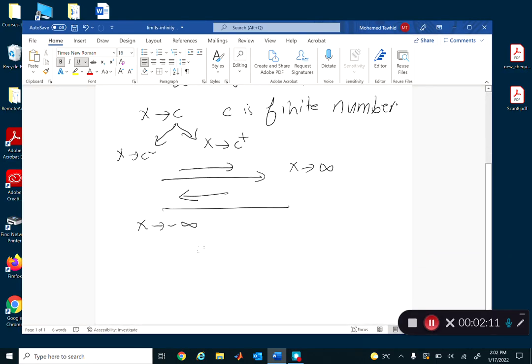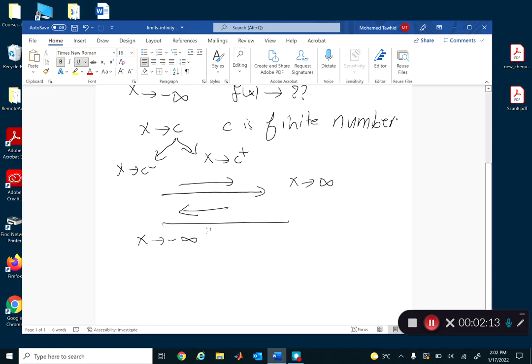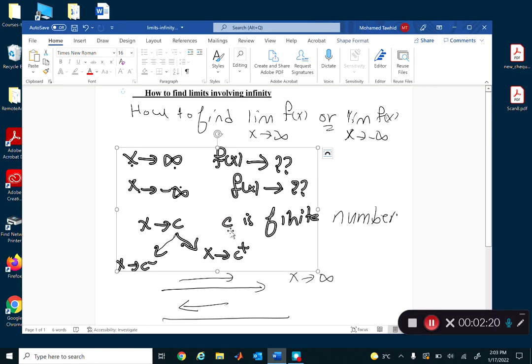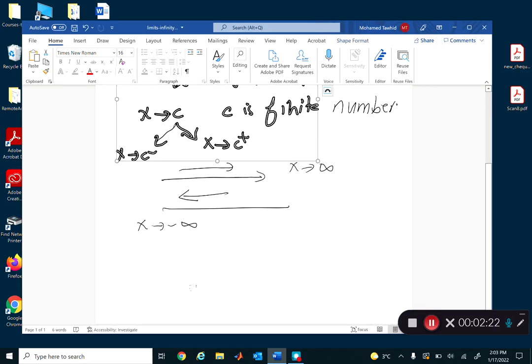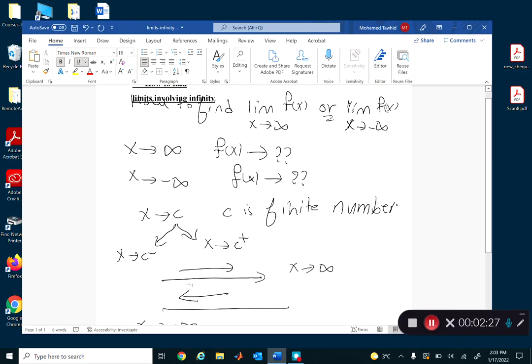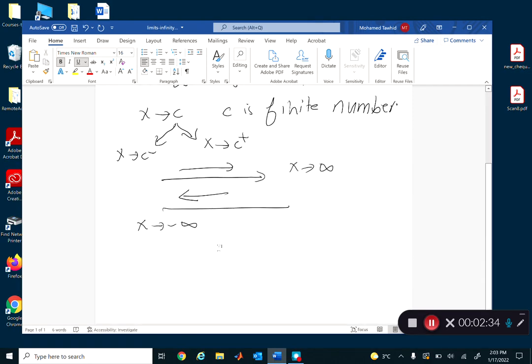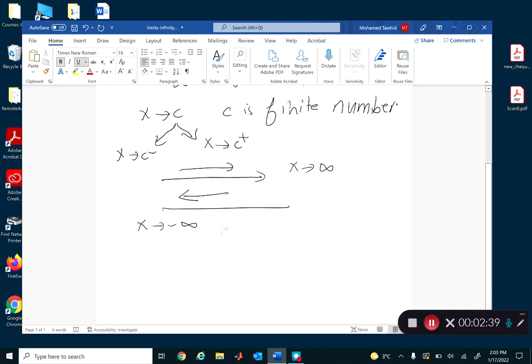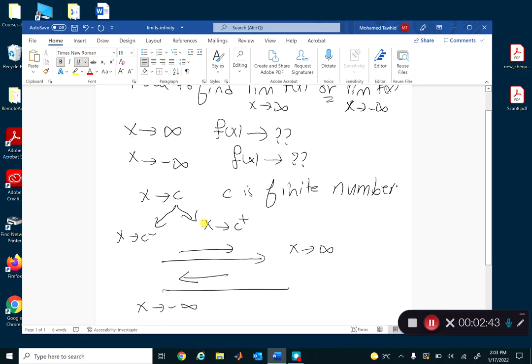I give myself a room here so that I have, okay, all right. So here, try to see where is the mouse here. All right, so here I try to see where is x close to infinity. I'm just trying to give myself room so that I can write here. All right, so here, all right, so here, all right, I'm just trying to see.